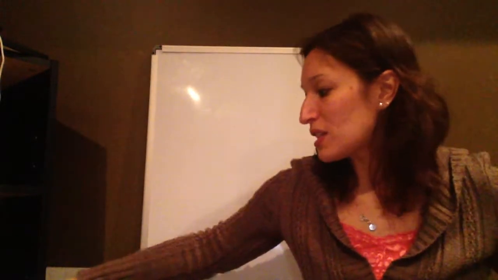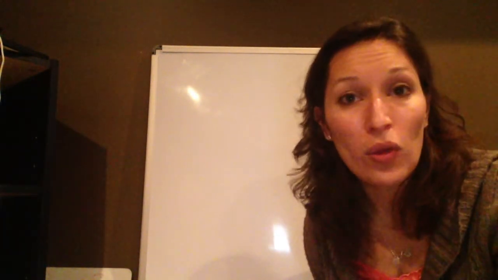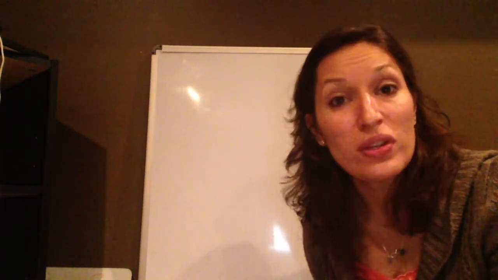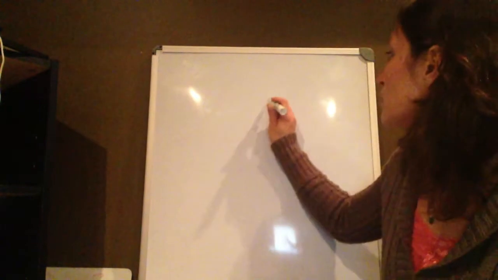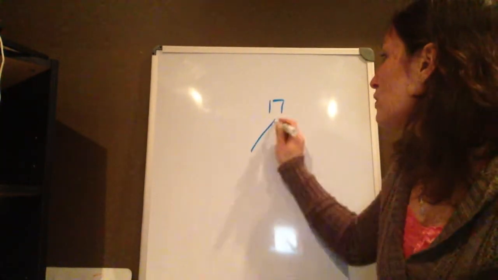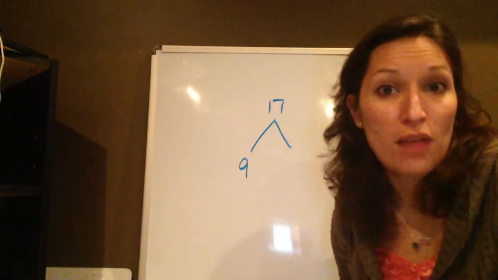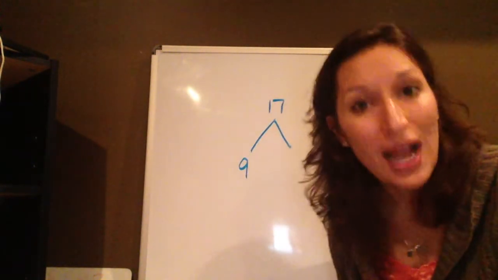Okay, the first part says there were 17 plums on the table. 9 plums were sold. We can easily figure that out. We know that with the number 17 and 9 of them being sold, 17 is our big guy total, and 9 of them were sold. That's a part of them. Not all of them were sold, 9 of them.